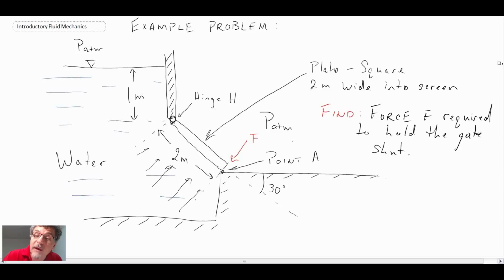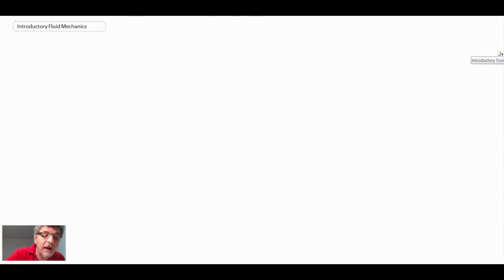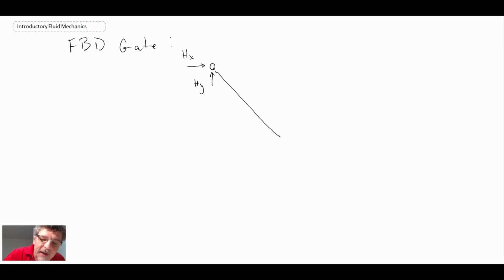So we're going to begin by drawing out a free body diagram. Again, fluid statics is a lot like statics that you've looked at in other courses. So we begin with the free body diagram. We have the hinge, and if you recall from statics, hinges have two different components of forces on them. And then we have our plate. We have the force trying to hold the plate shut. What other forces do we have on here?